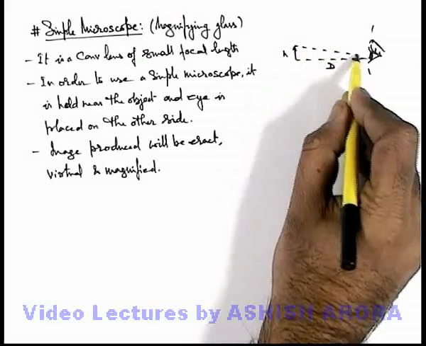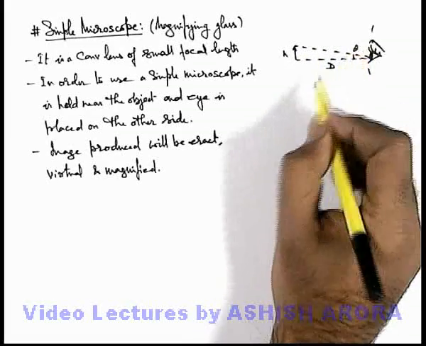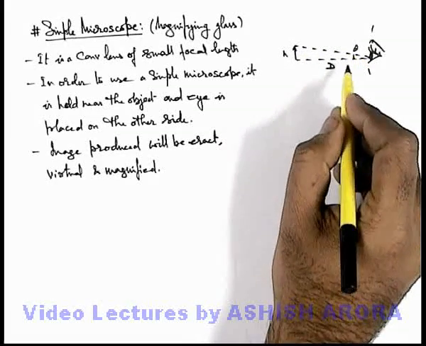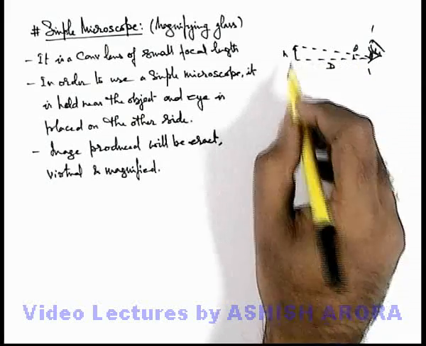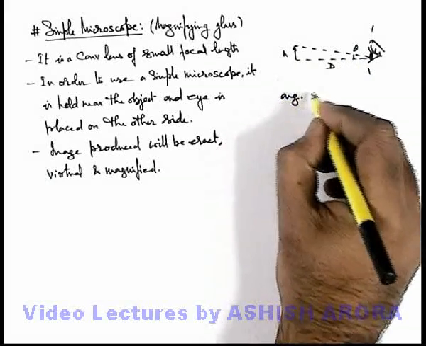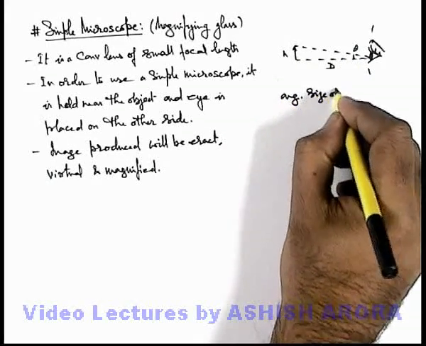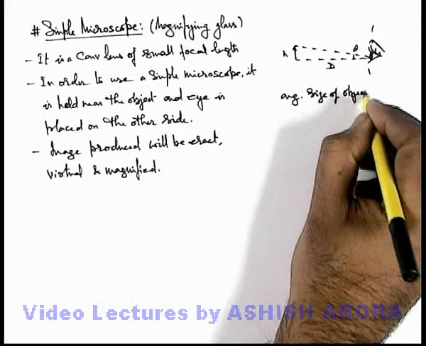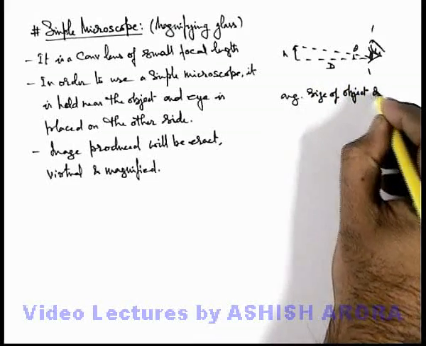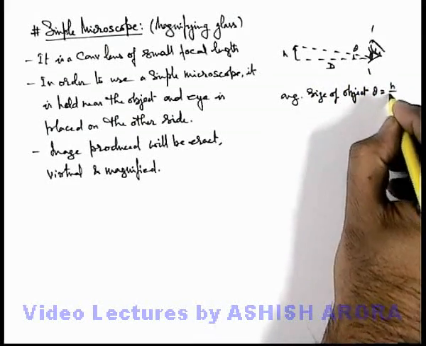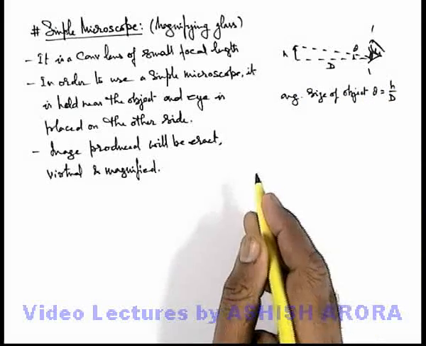The angle subtended by the object at the eye is taken as the angular size of the object. So theta equals h by d, because h is very small.